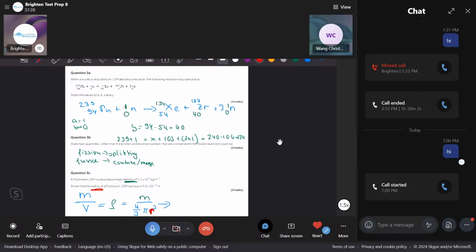So mass over density equals the 4 over 3 pi r cubed. Okay, so what does that mean for me? It's the volume times 3 over 4 divided by the pi and then square, I mean cube rooted.